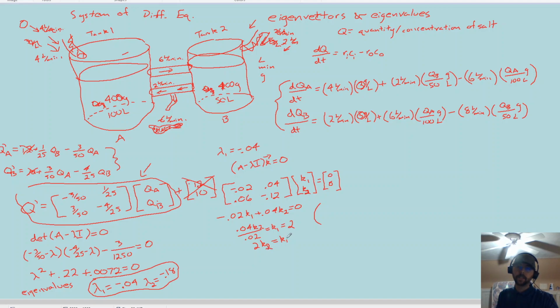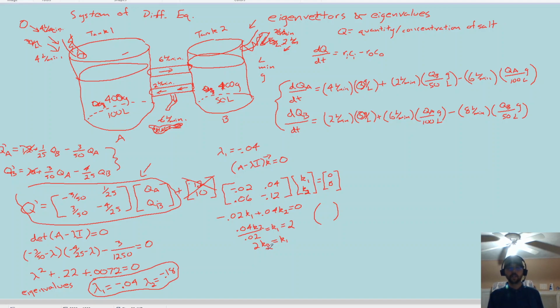And then what that's telling me, because this is not a solution, this is a proportion. So you can put in lots and lots of different numbers for k1 and k2 and get the statement to be true. Basically, for the eigenvectors, you want to pick a small value, something that's easy to work with, but not 0 except under certain circumstances. I would generally avoid 0 because most of the time k1 and k2 could both be 0, and it's just not going to be useful to do that.